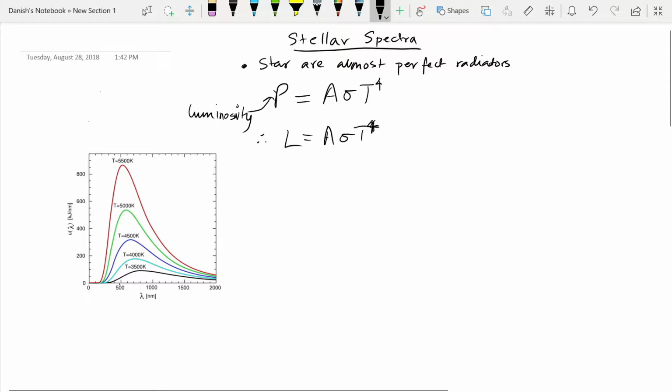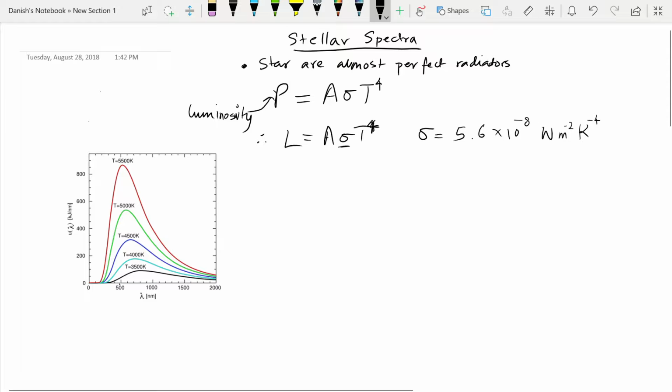Now this equation is in your data booklet, and the value of the Stefan-Boltzmann constant is also in the data booklet, but I'll just write it down. It's 5.6 times 10 to the negative 8, the units are watts per meter squared per Kelvin to the 4th.